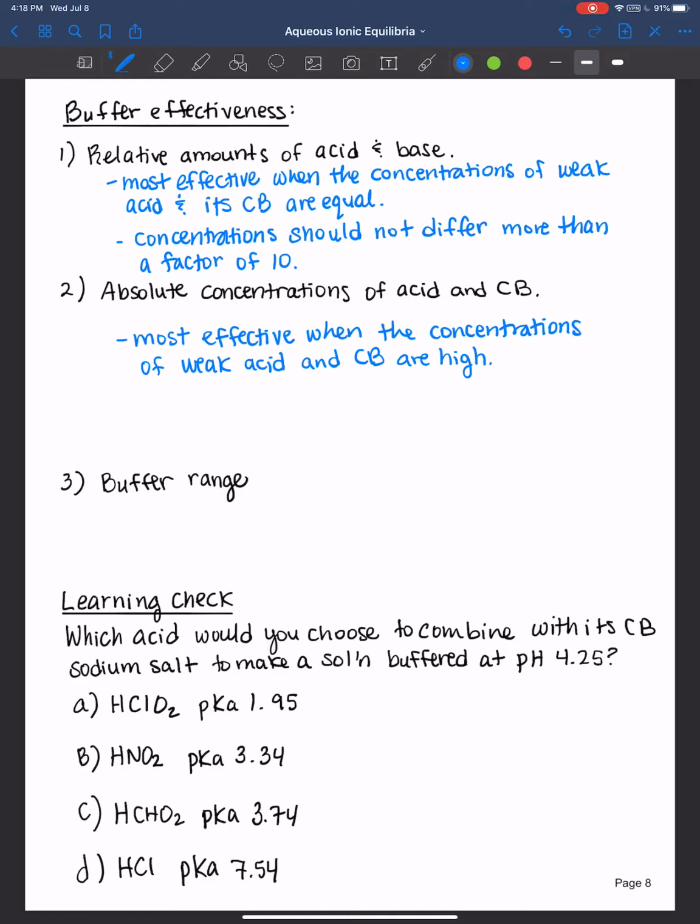So it should make sense that the more concentrated the weak acid and conjugate base are, the better the buffer. In addition, when selecting a buffer for whatever research application you're doing, then the effective range for a buffering system is 1 pH unit on either side of the pKa of that buffer.